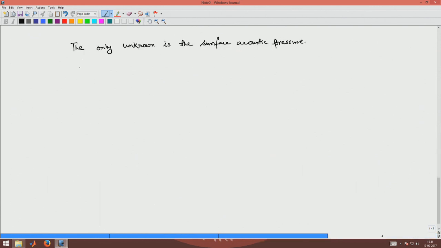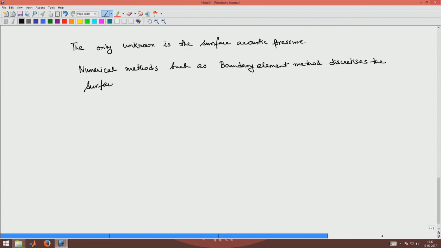So, essentially numerical methods such as BEM, such as the boundary element method, discretize the surface integral and compute the surface acoustic pressure.